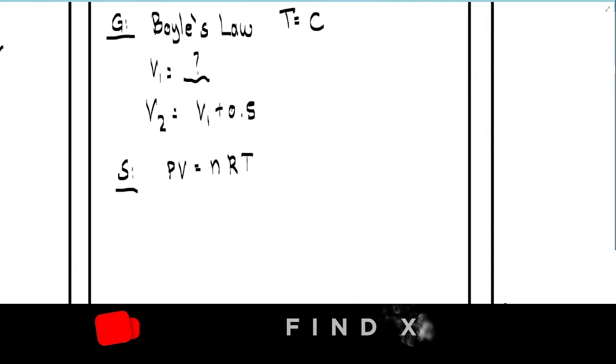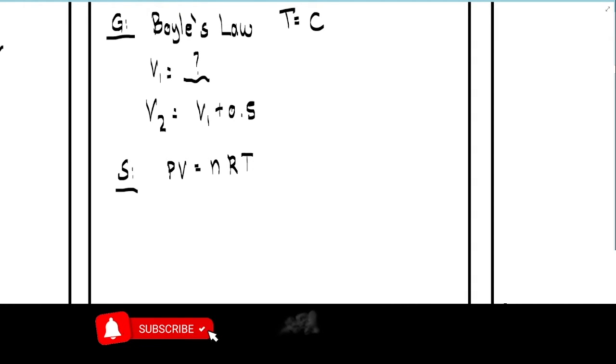This is how you derive the formula for Boyle's law, or any law for that matter, so that you don't have to memorize every formula. All you have to do is know which are the constants in every law, or whatever is stated in the problem. In this case, as you can see, T, N, and R are all constants.